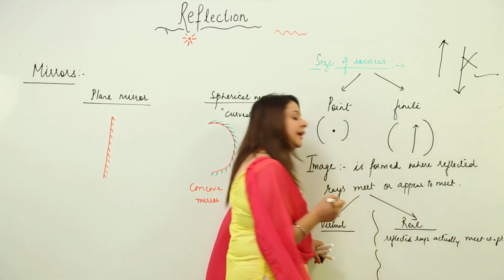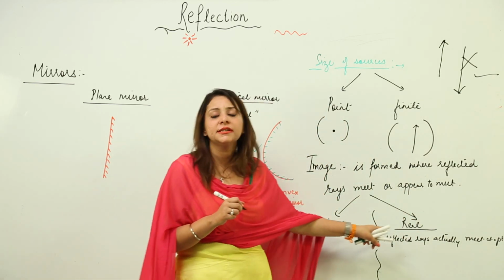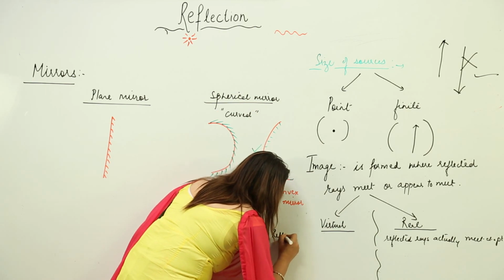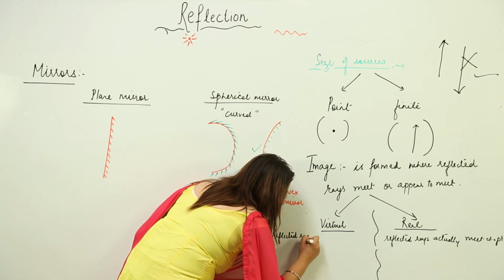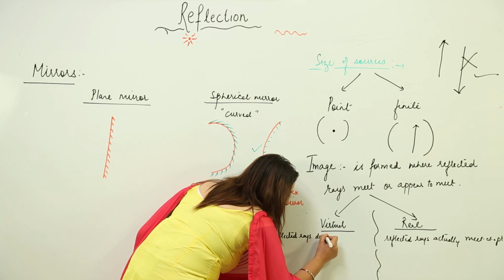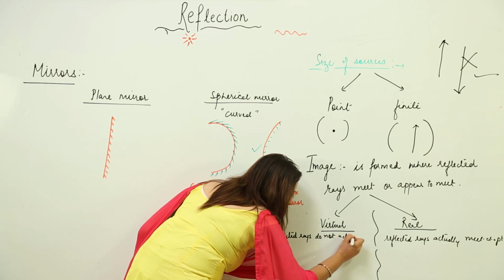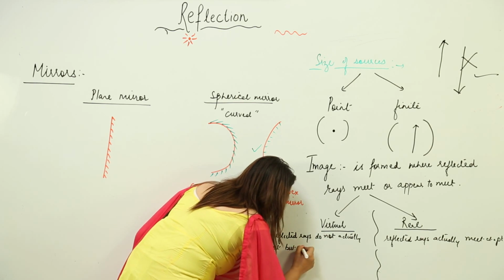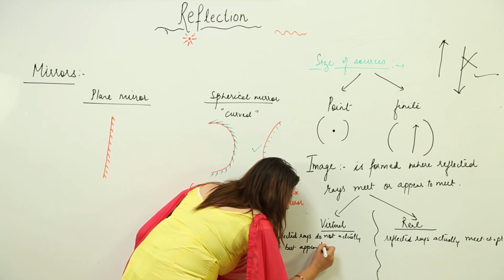So when reflected rays actually meet at a point, the image is said to be real. A virtual image is one where reflected rays do not actually meet at any point but appear to meet.